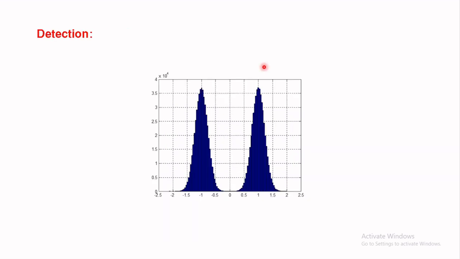So to detect the signal, the receiver can define a decision boundary, for example at 0, and decide that whatever is on this side is 1 and whatever is on the other side is 0. If the received symbol is more than 0, it will decide that it is 1, and if it's less, it will decide that it is 0.